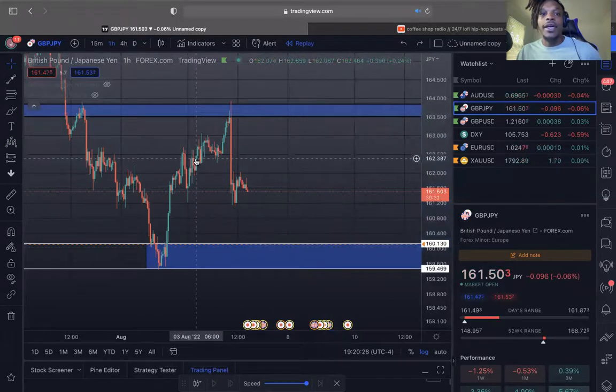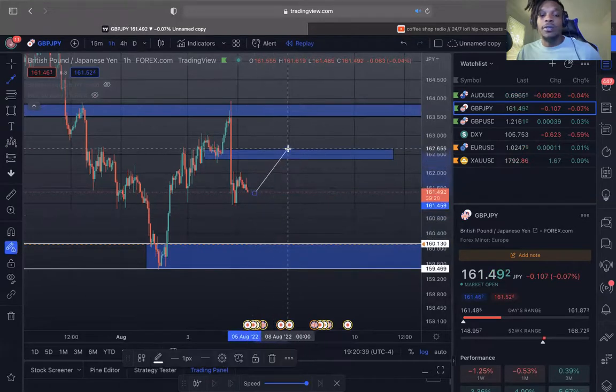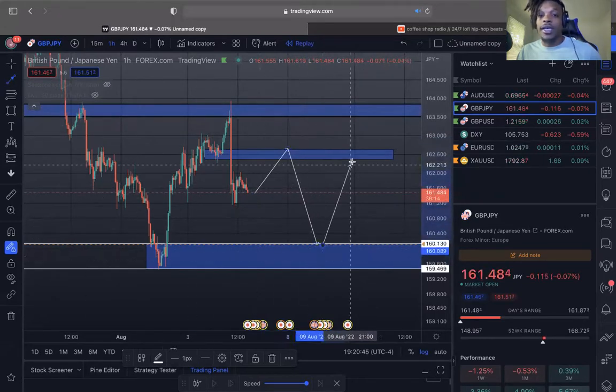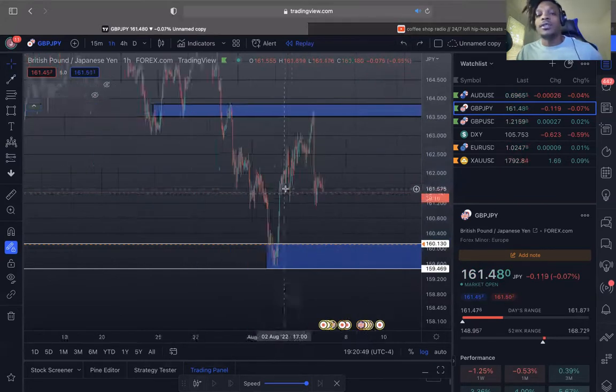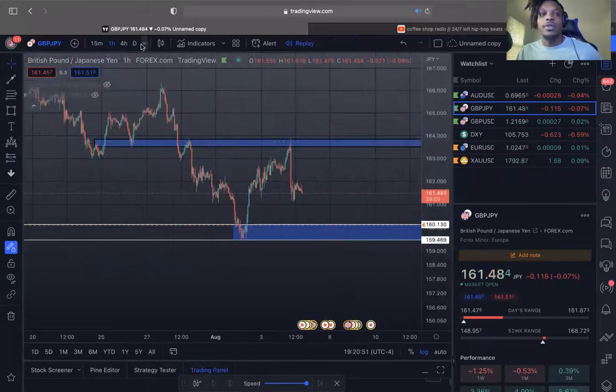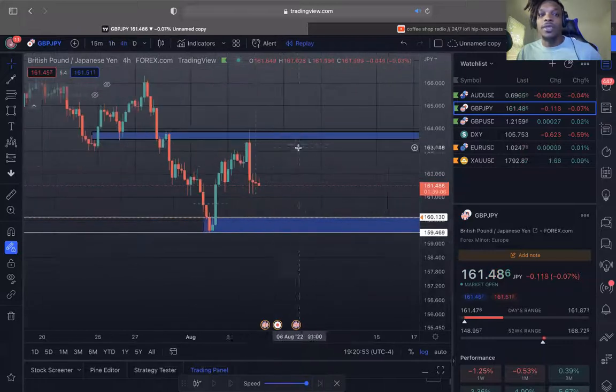Or we do have what looks like a neckline right here where it broke this zone, and we could have this market come back to retest this area, come back down here to this demand zone, and maybe if we're lucky enough, we can catch this buy. I'm not going to put too much emphasis on that. Just know that here are your zones. I'm looking at the 4-hour and the 1-hour time frame.